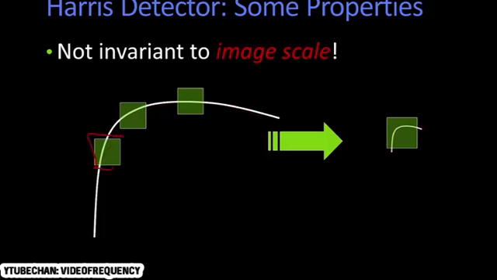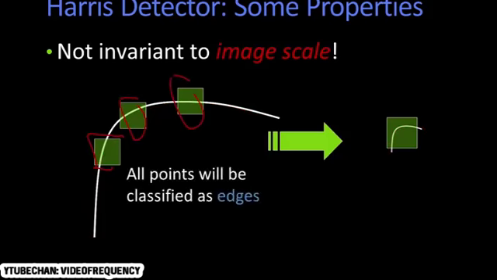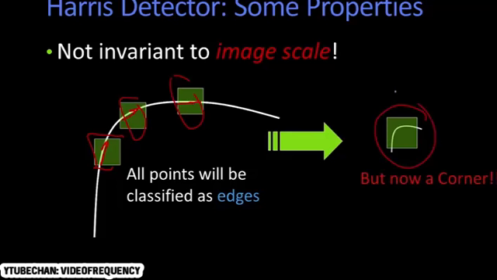If you take a look at each one of these, all these points will be classified as being edges because essentially there's not much gradient in the directions parallel to the edge. But if I zoom out, this is now a very good corner. And so the problem is that by changing this smooth curve, by zooming out so the curve becomes tighter and tighter, it goes from being a bunch of edges to being a corner.